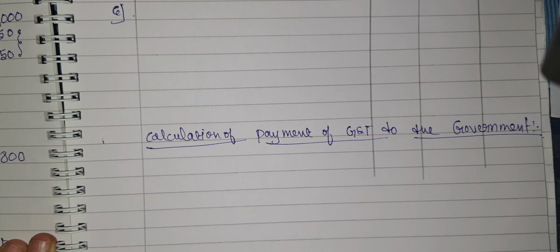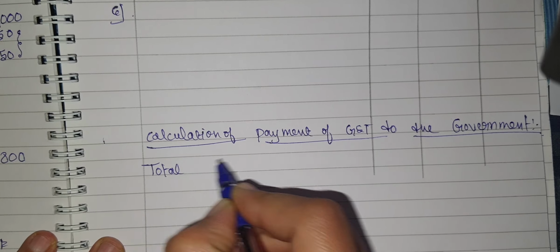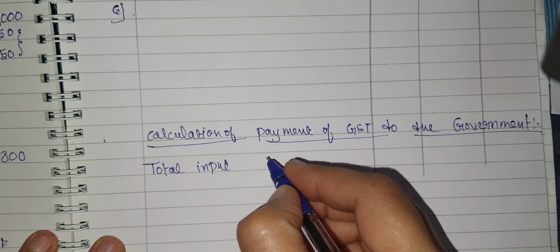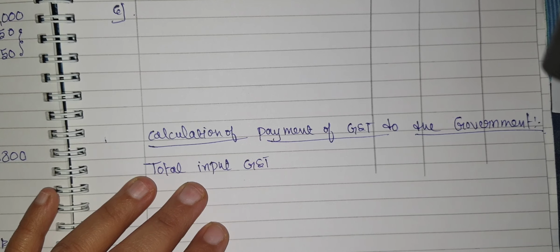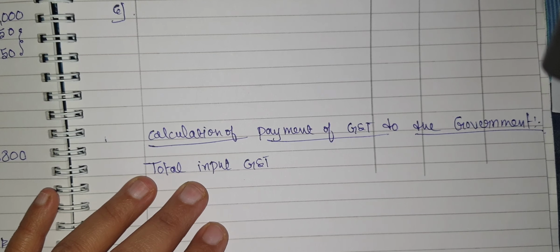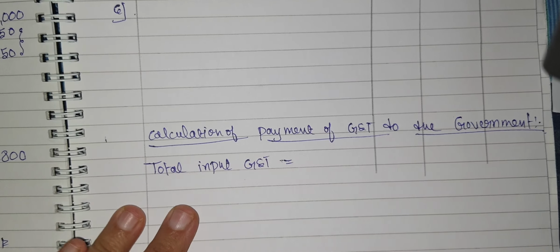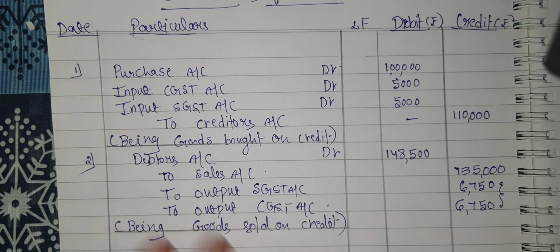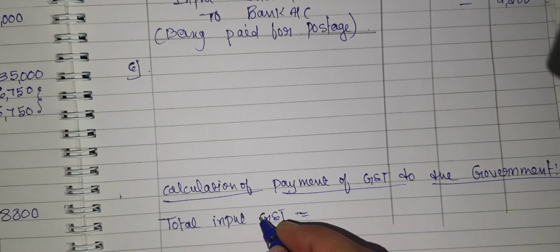See, first we will calculate the total input GST, because we are using the input GST to set off against the output GST. First we will calculate the total input CGST.